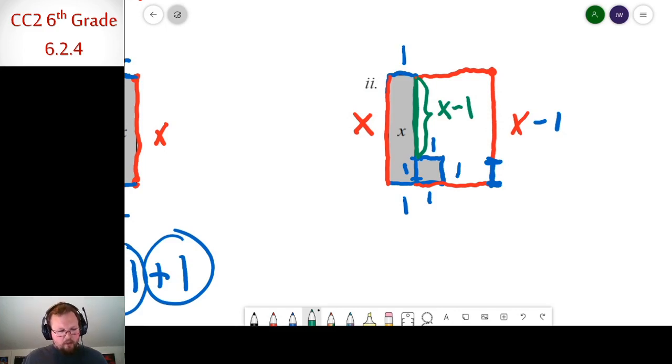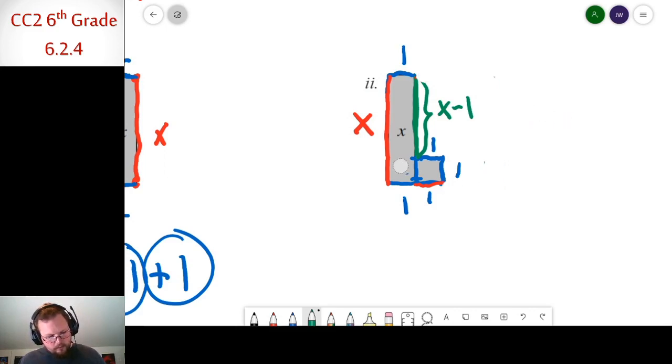So now I'm going to go back and erase some of this extra so that we can more clearly see the rest of this. Okay, and I don't need this little length in here. Because now when I go to add up all of the sides, I'm going to start here with an X plus, now there is this X minus 1 expression.